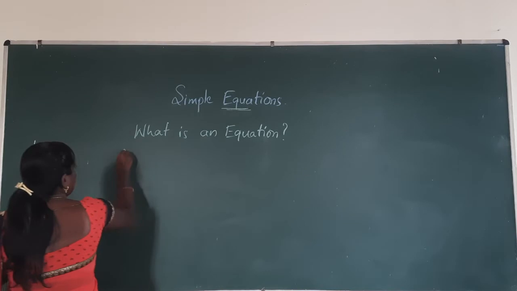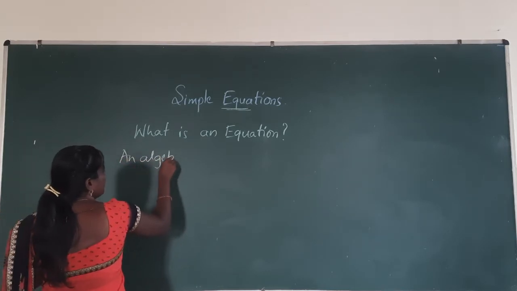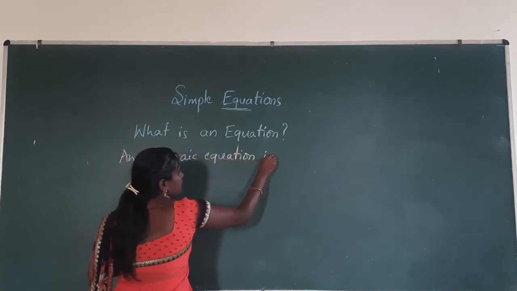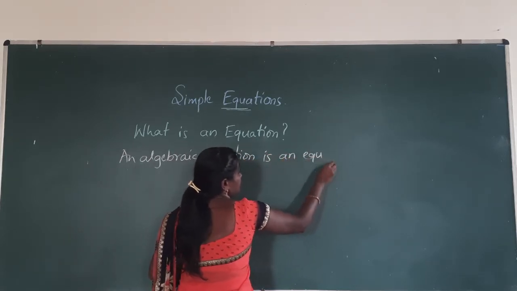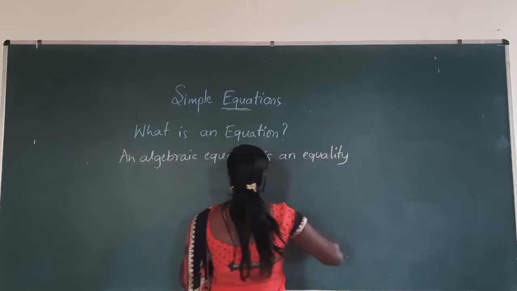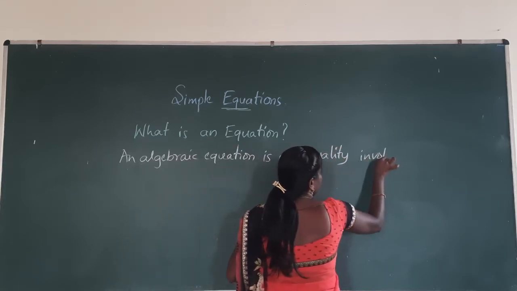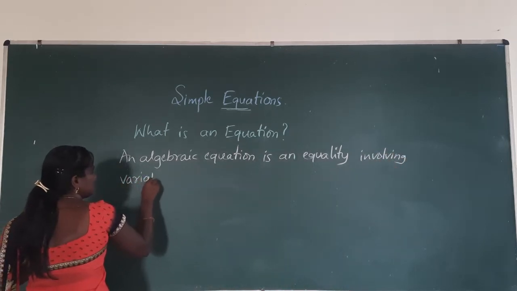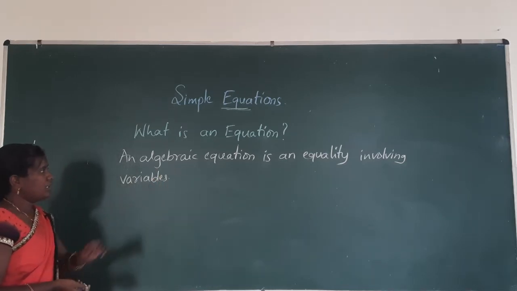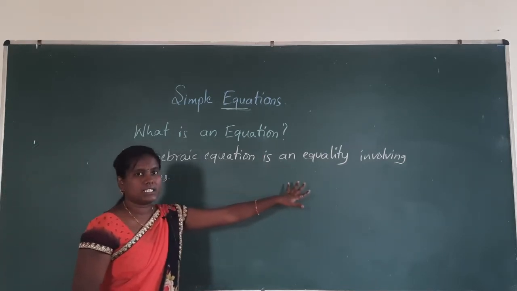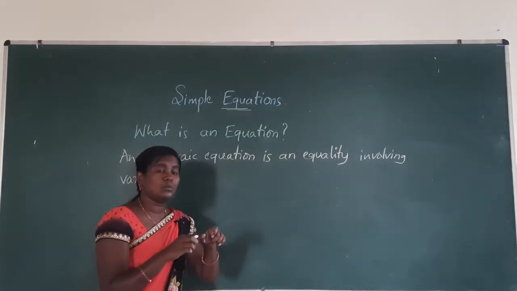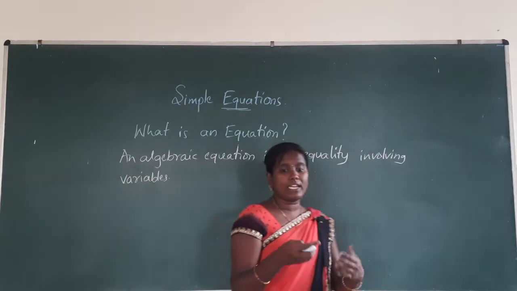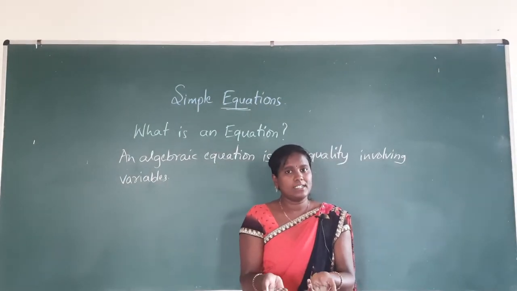So, an algebraic equation is an equality involving variables. See the definition. An algebraic equation is an equality. It is an equality, meaning the equal sign should be there. Involving variables. Variables should be there, right?